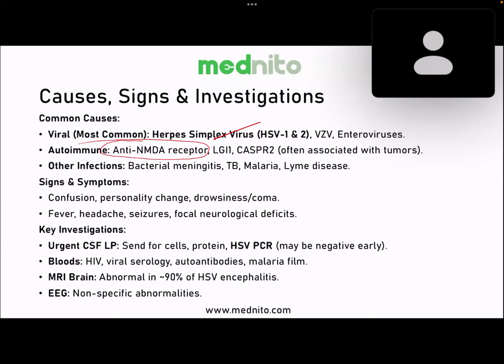In herpes simplex encephalitis, the MRI shows a predisposition for temporal lobe involvement. That is one thing you will have to remember. And what did we discuss previously? If the patient is presenting with acute behavioral change, it is NMDA receptor encephalitis, and there will not be any characteristic temporal lobe changes, please. All right.